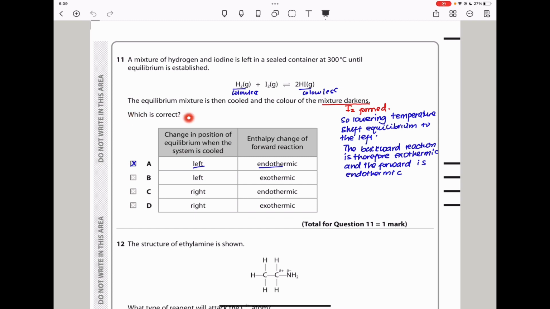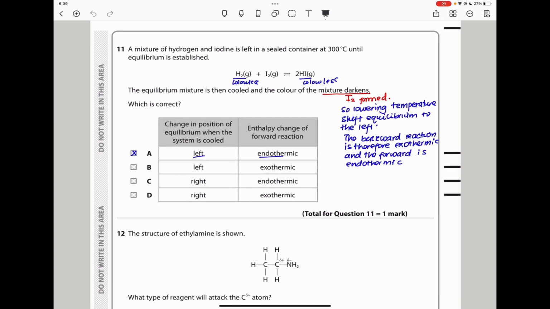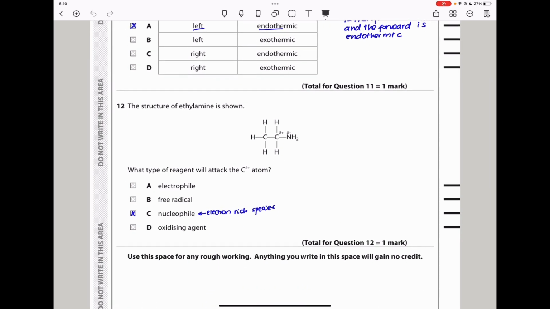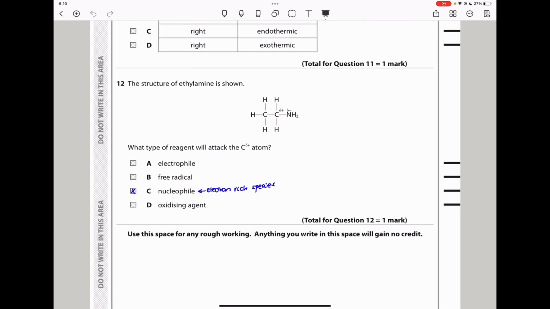So here they say which is correct. Change in position of equilibrium should be to the left, because darkening is due to production of iodine, and the forward reaction should be endothermic because cooling caused equilibrium to be shifted to the backward, meaning the backward reaction is actually exothermic. Moving on to question 12, they say, the structure of ethylene amine is as shown here.